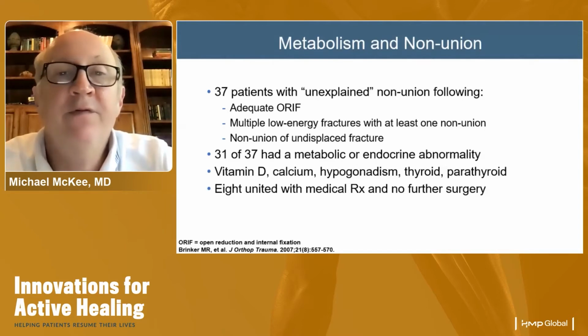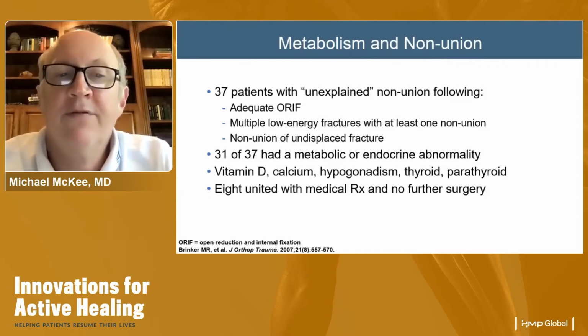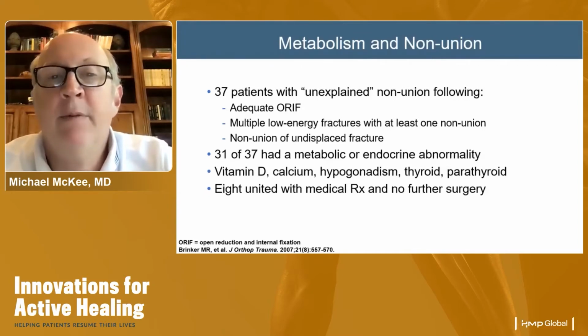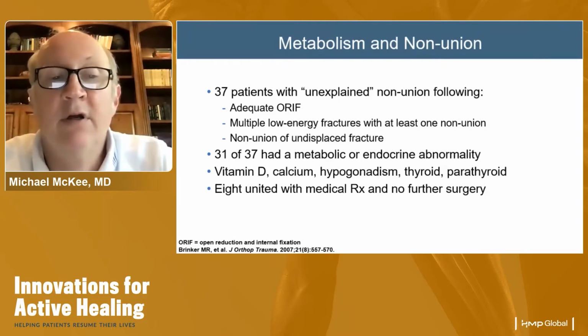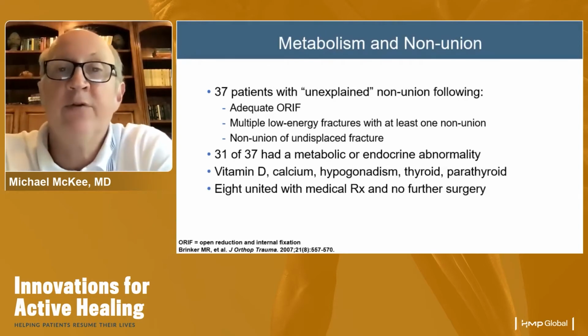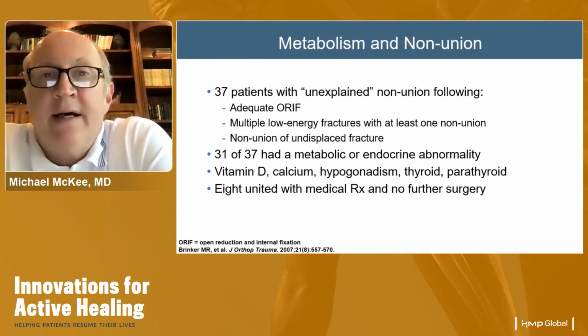And he found, very interestingly, 31 of 37 of these patients who had an unexplained non-union, and by that I mean a fracture that frankly should have healed and didn't, 31 of 37 had some type of identifiable metabolic or endocrine abnormality. Vitamin D and calcium metabolism were the commonest, but hypogonadism, hypothyroidism, parathyroid issues, etc., were common in this group. And the more carefully you looked for issues of this nature, the more likely you were to find them.